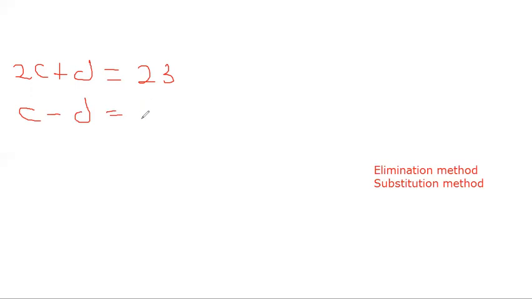Can you see the screen? Yes. Now tell me, what should I do next? What should I write next? I want to solve this using the elimination method. So now, tell me what I should do.